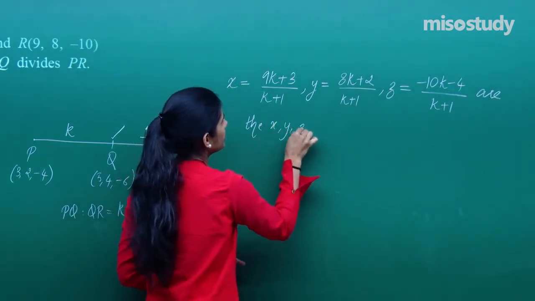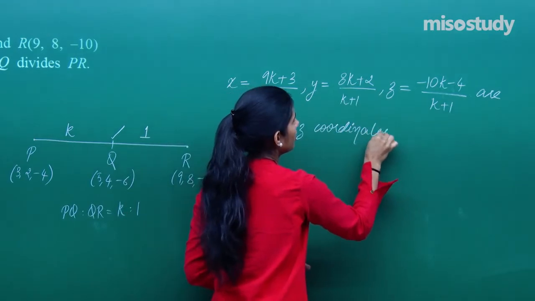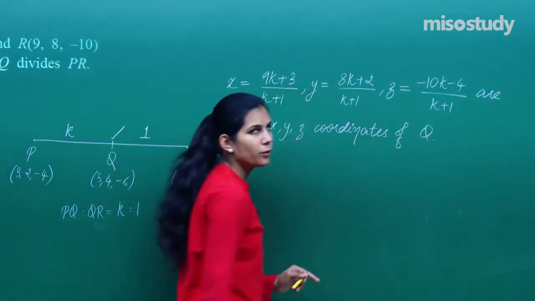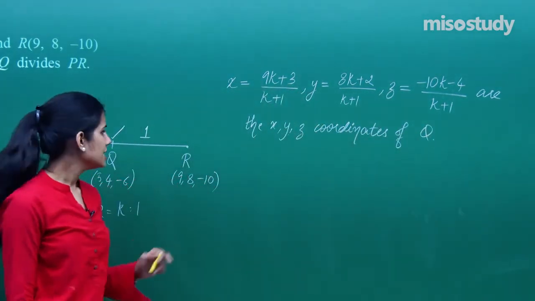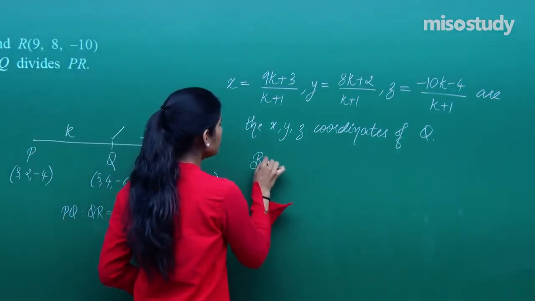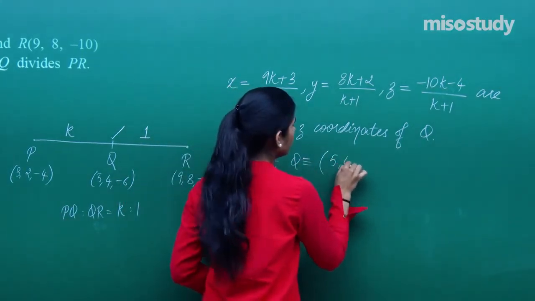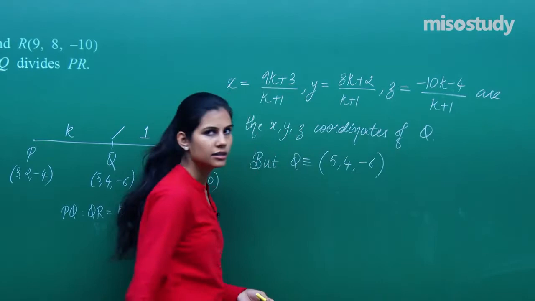These are the x, y, z coordinates of Q by the section formula, which is the dividing point, dividing the segment PR in the ratio k is to 1. But Q is already given to me as 5, 4, minus 6.